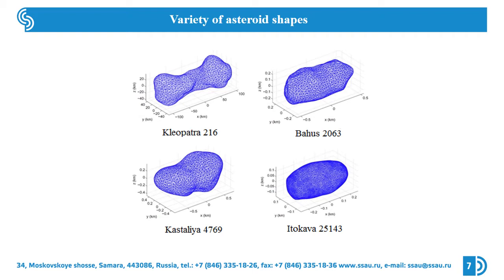The force of gravitational interaction of elementary masses in such cases is insufficient for the formation of bodies of regular geometric shapes, for example, ellipsoid or spheroid surfaces. Complex geometry produces a gravitational field of complex configuration. On this slide, we can see a variety of asteroid shapes.